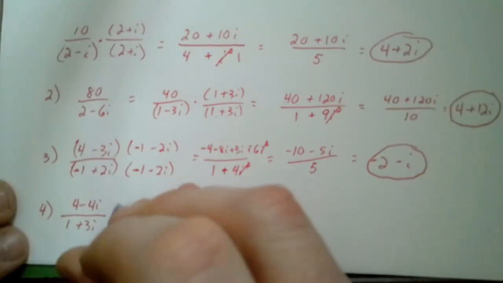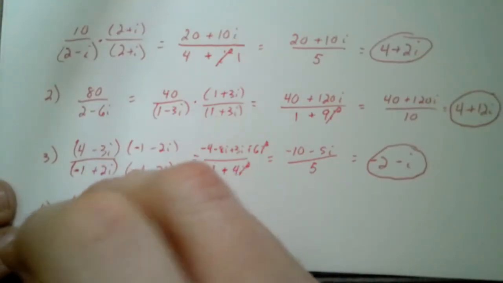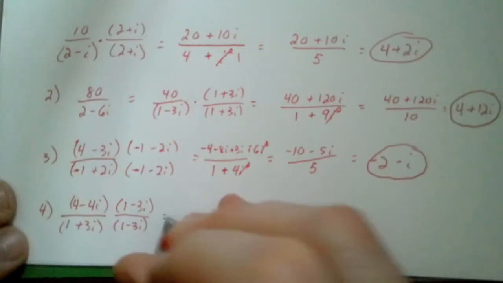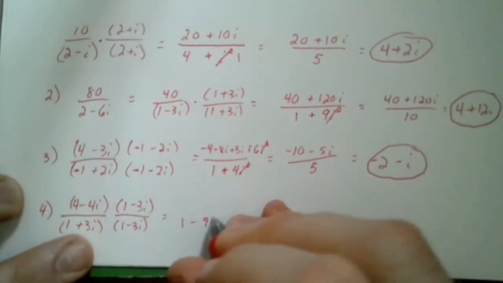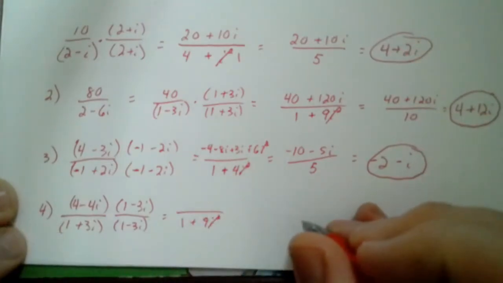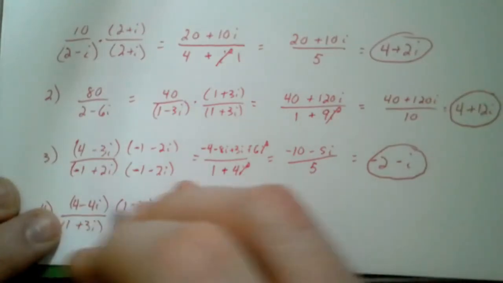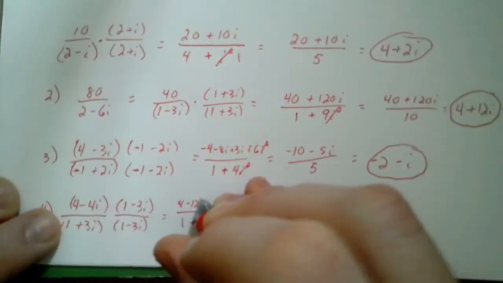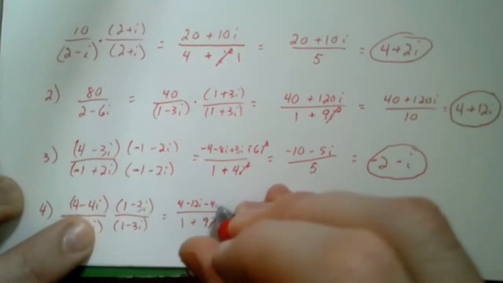Whatever I multiply the bottom by, multiply the top by. On the bottom, we use our shortcut. 1 times 1 is 1. 3 times 3 is 9i squared. 1 plus 9. Up top, 4 times 1 is 4. 4 times negative 3i is negative 12i. Negative 4i times 1 is negative 4i.